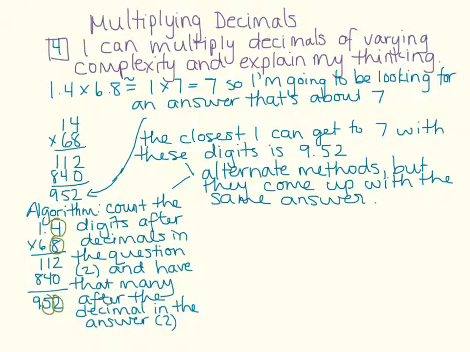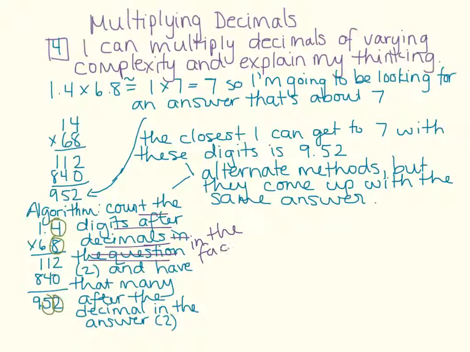Now a 4-level response is going to start with a 3-level response. So I'm going to see a lot of the same things. What I'm going to see differently is some different terminology and some deeper levels of explanation. So for example, here, when it says count the digits after the decimals in the question, instead of in the question, they might use the term in the factors.